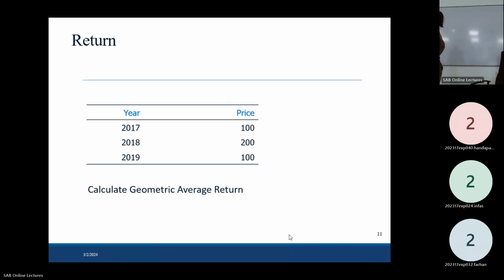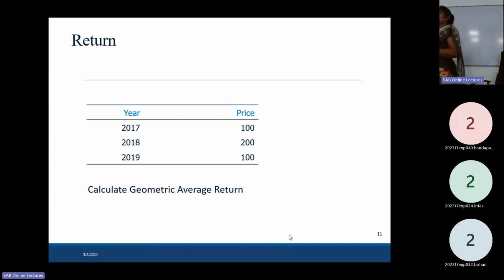Only price information is given, no dividends. Just forget about the dividends. So only the price changes you can consider when you are calculating the return. Now suppose this is a 3-year holding period return.